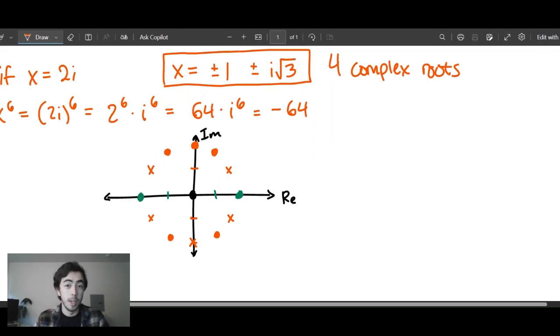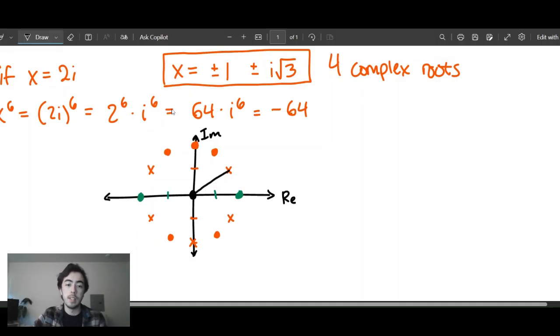The last concept I want to leave you off with is that complex number multiplication acts in a very predictable way. If you multiply two complex numbers together, and let's actually take this one and multiply it to itself, two things happen.